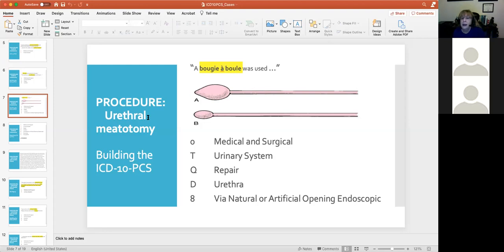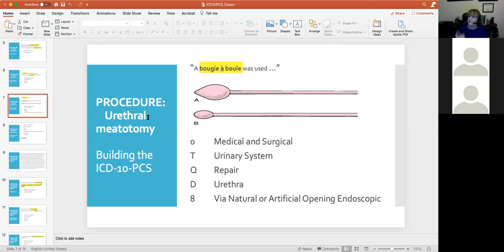And when you look at it, you can see that this would go right up the urethra to the point of the repair. Can you see that? Yeah, it kind of looked like one of those balloon catheters to me, just by the picture. Yes, that's very good. Except I don't think it's a balloon, but you're absolutely right, it does look like a balloon catheter.